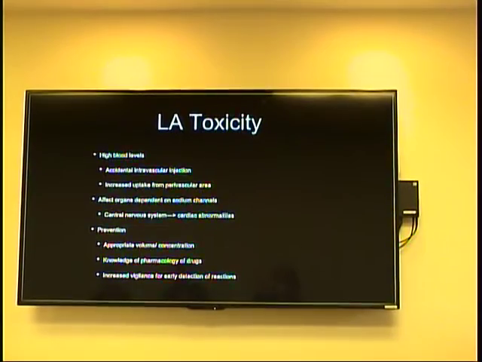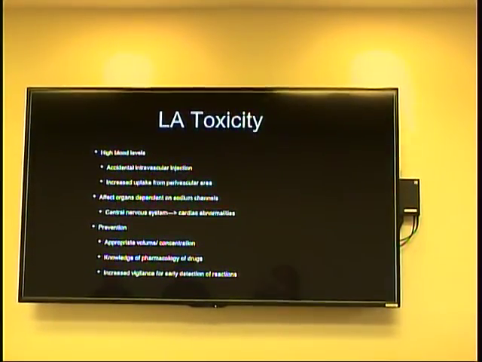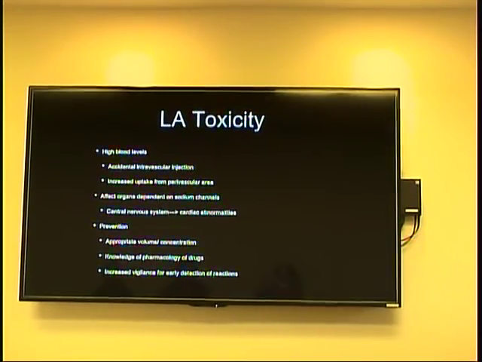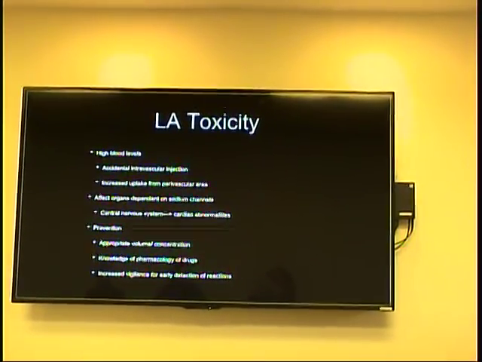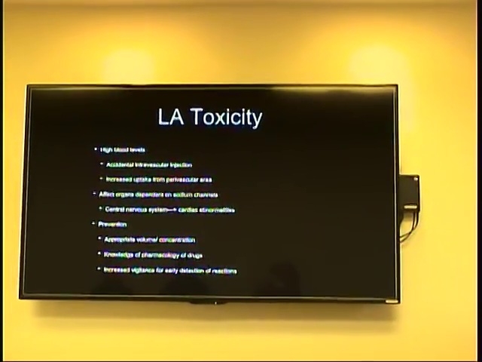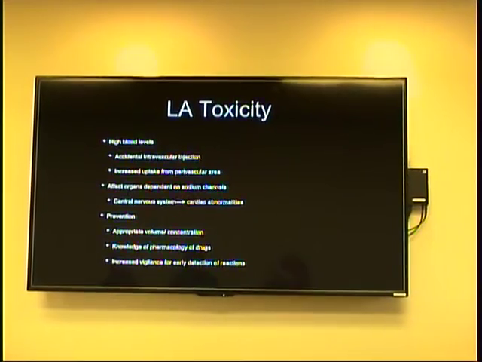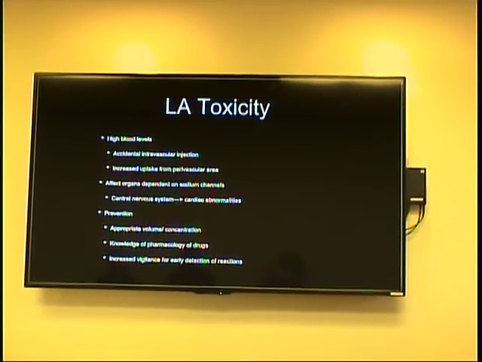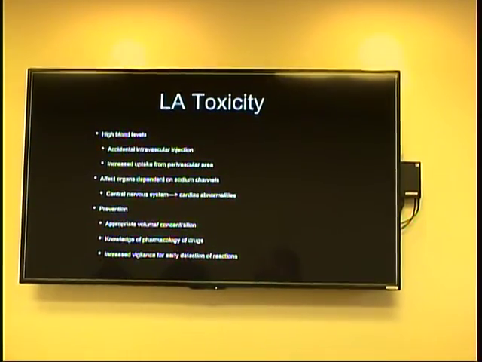But you don't necessarily have to be in a vessel. If you're injecting near areas with high uptake of blood, like the intercostal space, which is famous for a lot of blood flow and vasculature, you get increased perivascular area and increased uptake.